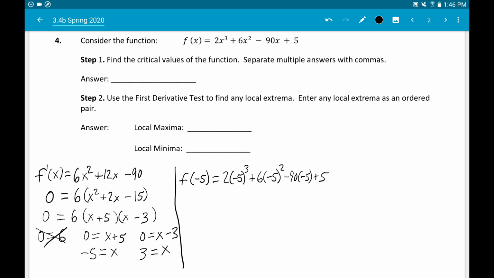Two times negative 5 cubed plus 6 times negative 5 squared minus 90 times negative 5 plus 5. I've got 355 for this one. So the critical point is negative 5, comma 355.